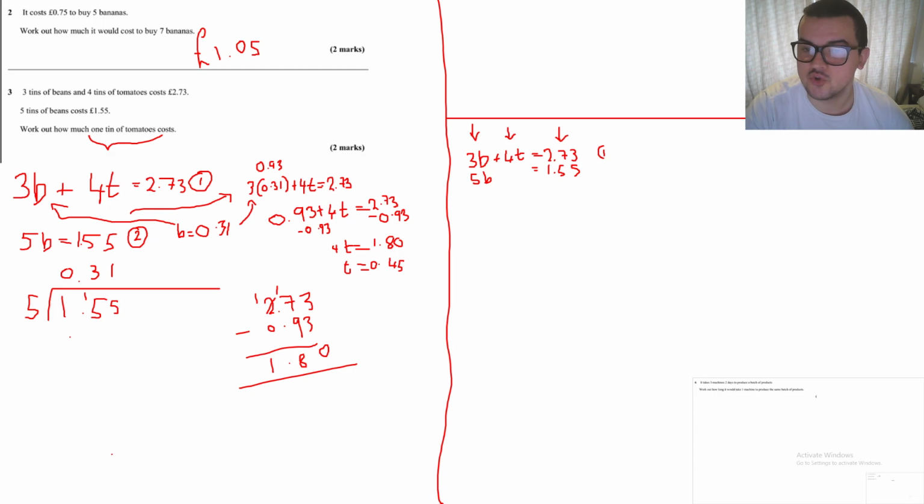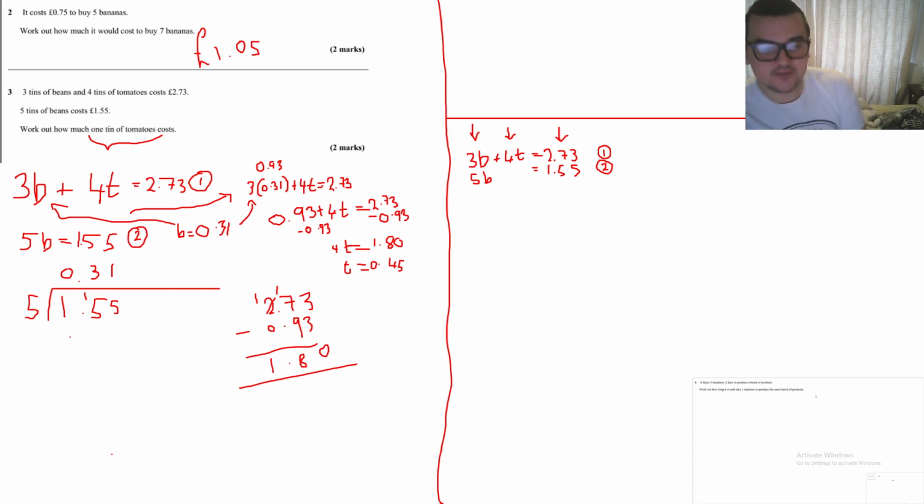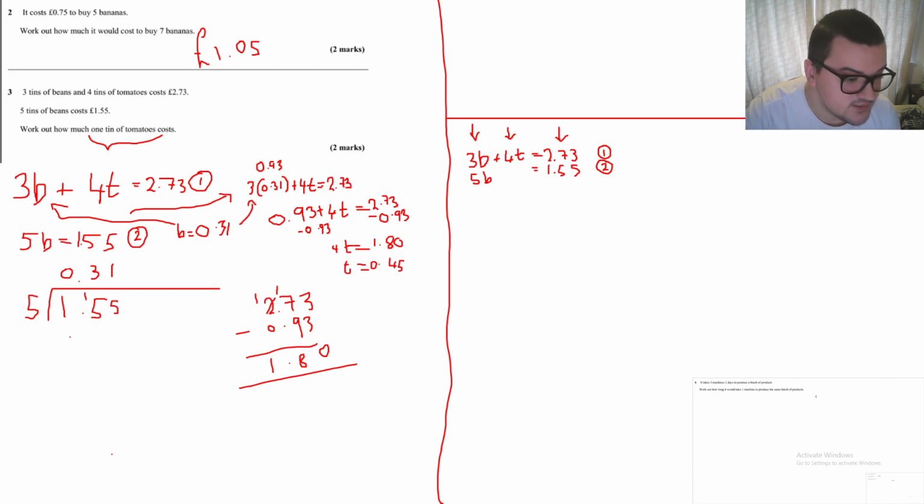So we're going to call this one 1 again. We're going to call this one 2 again. But this time we're going to manipulate the whole equation, right? We want to see what variable is common in both of the equations.